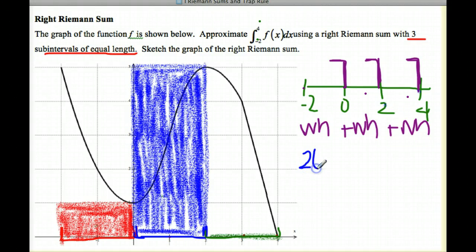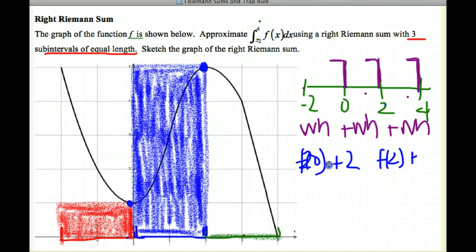So this is 2 times this height, f of 0. So this is where we had the height. The next one is 2 times f of 2, since that's this height right here. So let me draw that in. This height. So f of 2 plus the last one.